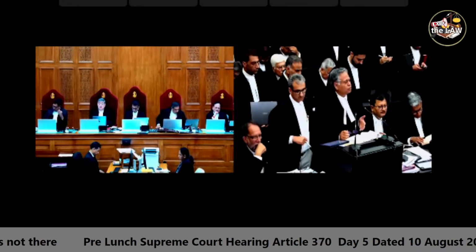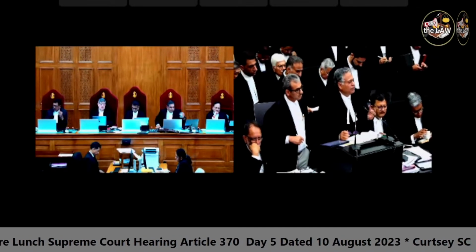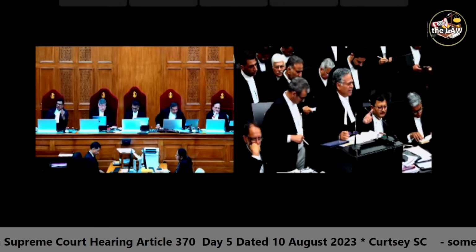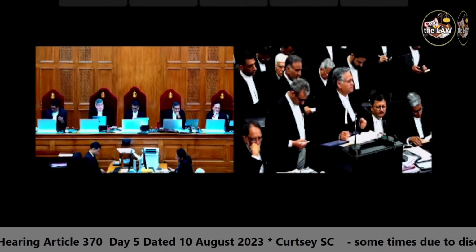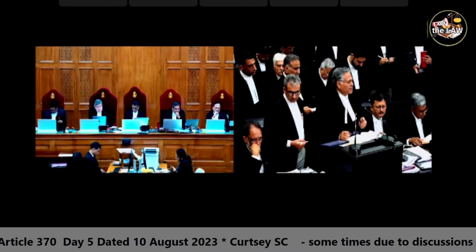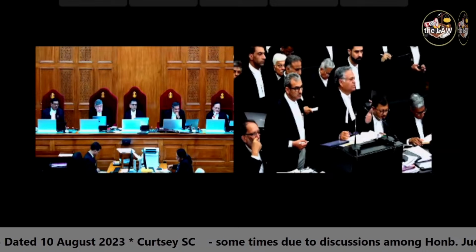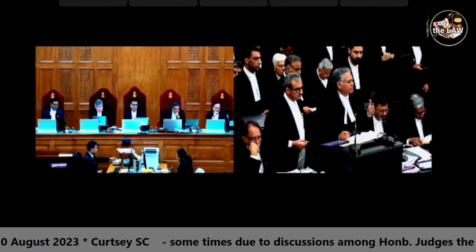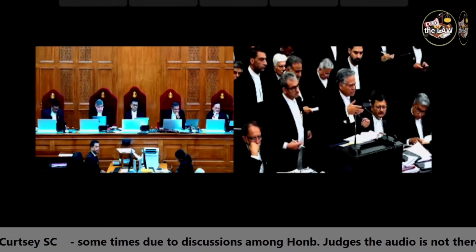So what I am trying to show is that there are orders which go to the very root of the matter and which continue to remain as they are till date. They have not been diluted. Subsequently, other provisions like 356 and 136 were applied, but they are matters between the union and the state.